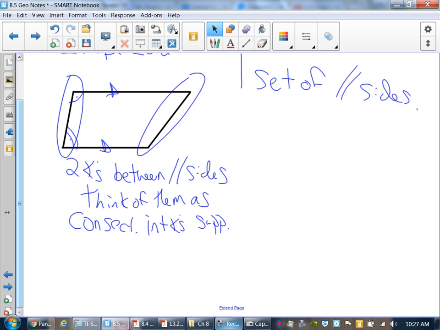Yes, sir? Yes, they could be. Okay? Now, there are times where you could have a trapezoid that looks like this, and I think there's actually a problem tonight that looks like this. Remember, back in chapter 3, if you have a line that's perpendicular to two lines, those two lines are always parallel to one another.